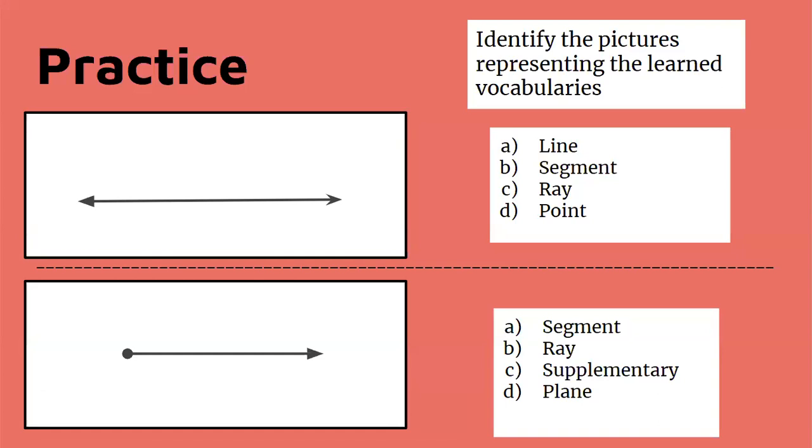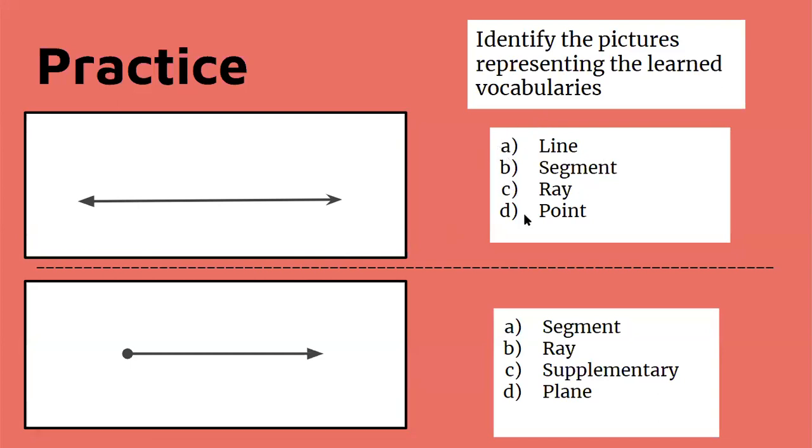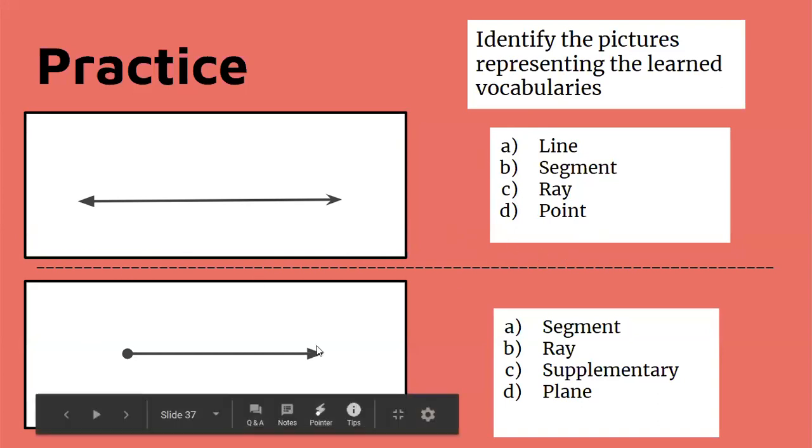So the first image we got is this right here. It's pretty obvious. The options you have are A, line, B, segment, C, ray, D, point. The next image we got is this one. You got a dot and then a line stretching infinitely in one direction.